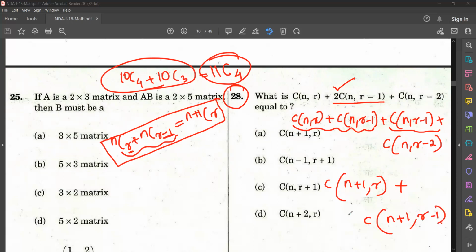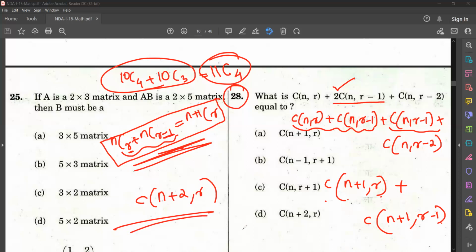Okay, so now see C of N plus 1 comma R, C of N plus 1 comma R minus 1. So apply that property again. This N plus 1 will increase, isn't it? That will become C of N plus 2 comma R. C of N plus 2 comma R, that is option D.